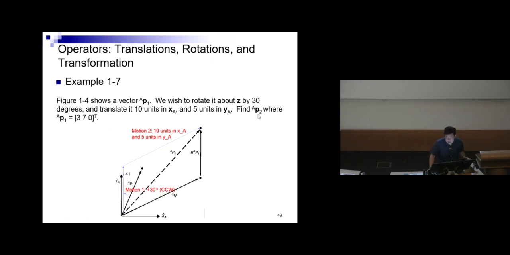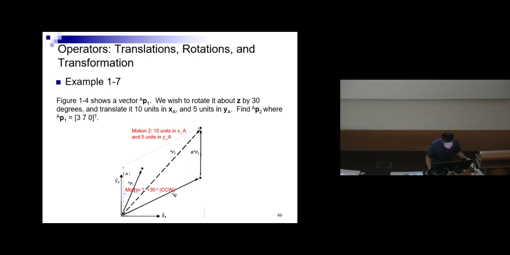We want to find AP2, where AP1 is equal to 3, 7, 0 transpose. Now you have only one coordinate frame, and you are going to have motion, performing one motion after another. The first motion is to rotate about Z by positive 30 degrees. Remember, counterclockwise is positive.